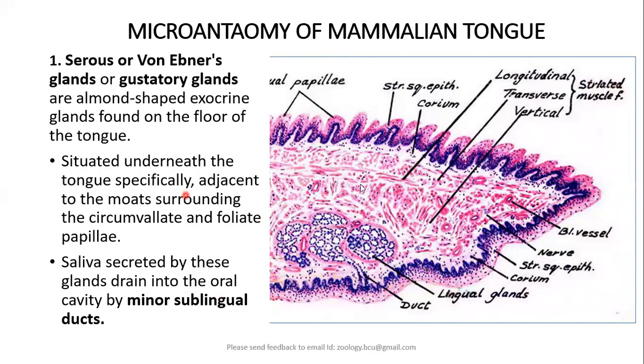The first and foremost type of glands are called serous glands or von Ebner's glands or gustatory glands. These are almond-shaped exocrine glands found on the floor of the tongue. As you see here, they are situated underneath the tongue, specifically adjacent to the moats surrounding the circumvallate and foliate papillae.